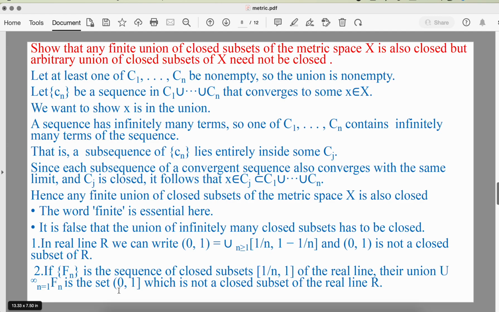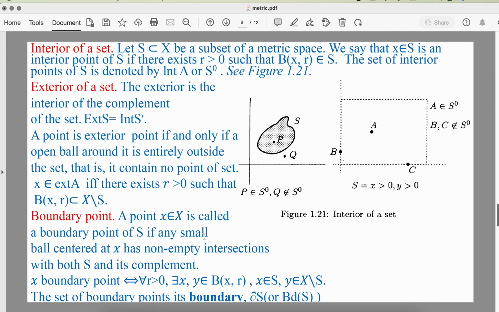Again, this is not a closed subset of the real line because it is semi-open. So the word finite is essential, and it is false that a union of infinitely many closed subsets has to be closed. It may be closed, it may not be closed. So an arbitrary union of closed subsets of X need not be closed.